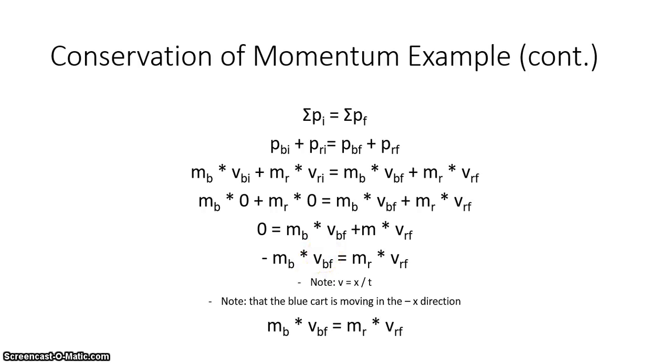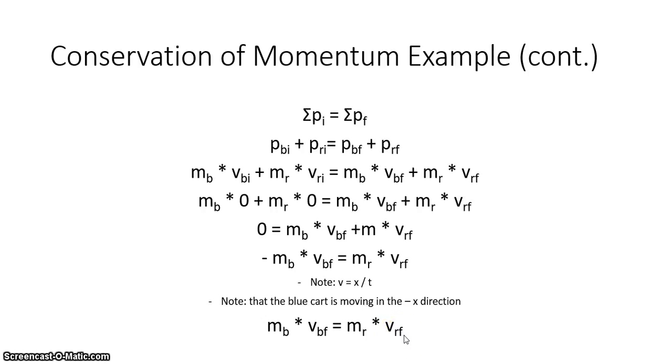So when we put that negative value in, that negative value and the negative that we have here in the front of this portion of the equation, remember, becomes positive. So we end up with the equation m sub b times v sub bf is equal to m sub r times v sub rf.